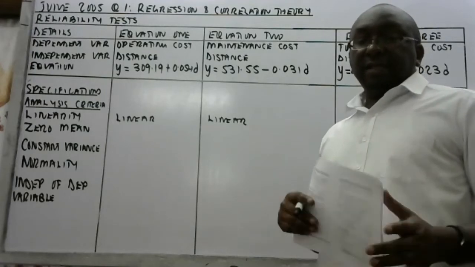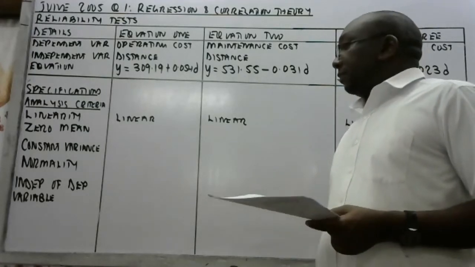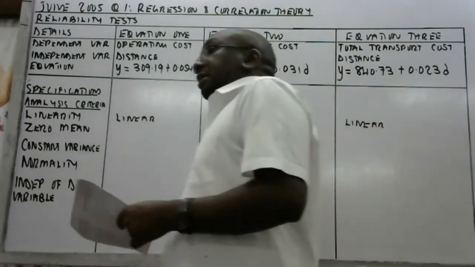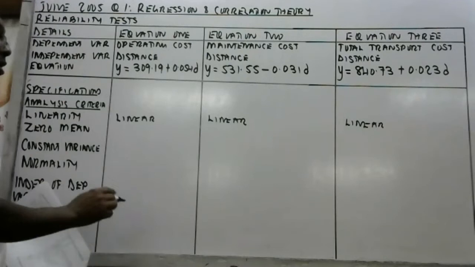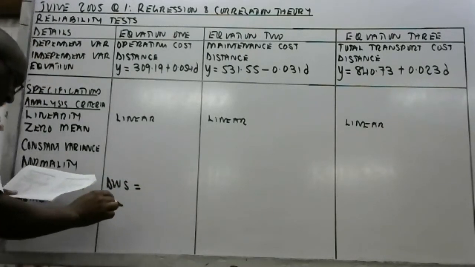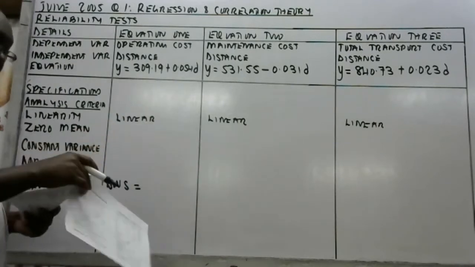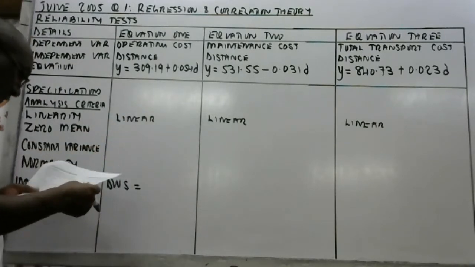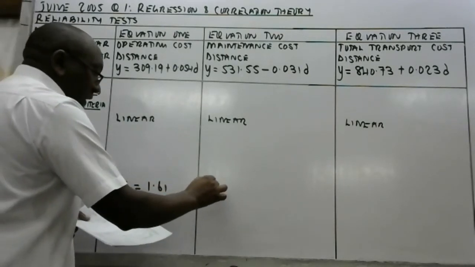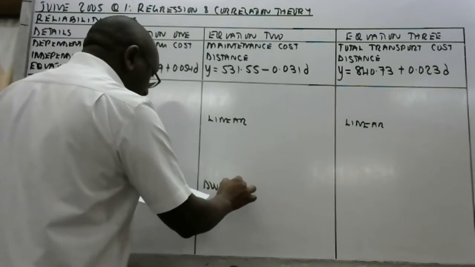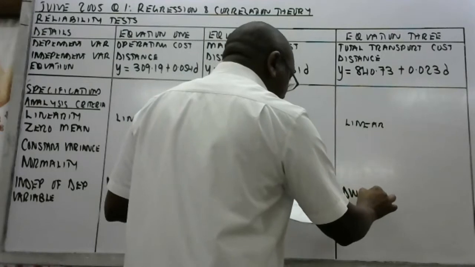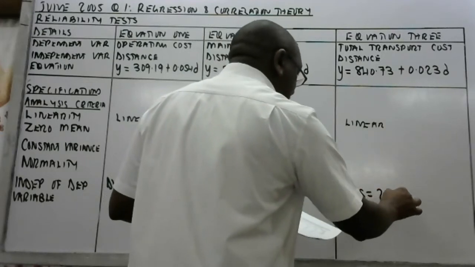And this one we said it is tested using the Durbin-Watson statistic. So DWS here in the first equation, the DWS in the first equation is 1.61. Upper DWS is 1.72, and DWS is 2.34.